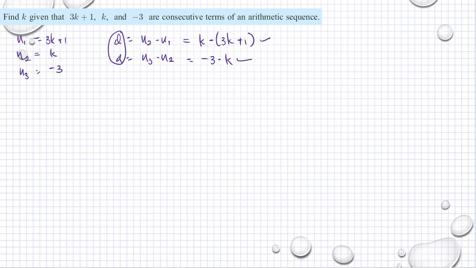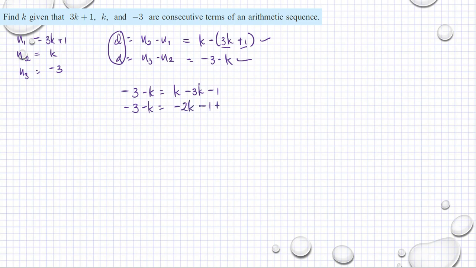So I have negative 3 minus k is equal to k minus 3k minus 1. This one is negative, that will become negative also. So if I'm going to simplify, negative 3 minus k is equal to negative 2k minus 1.